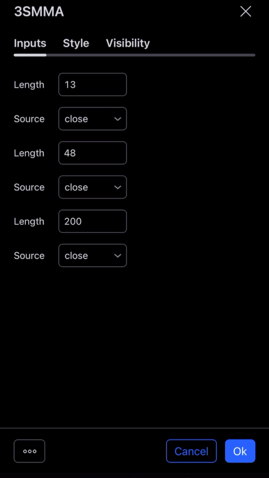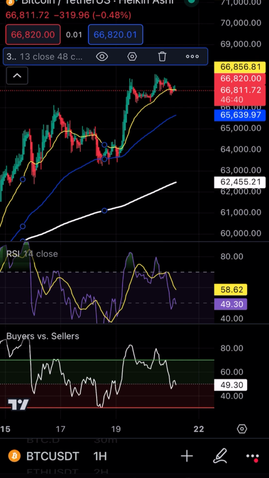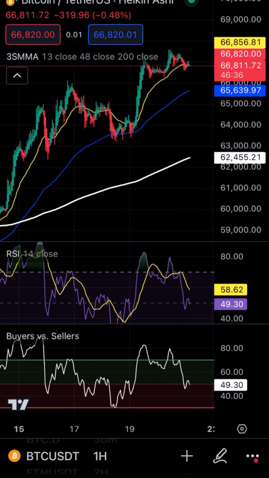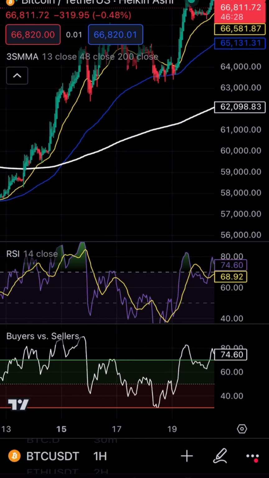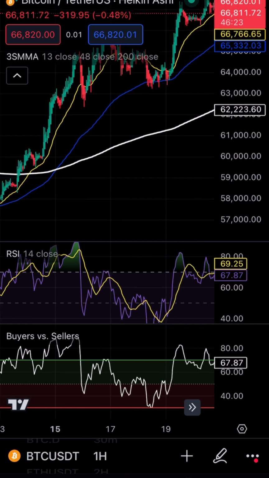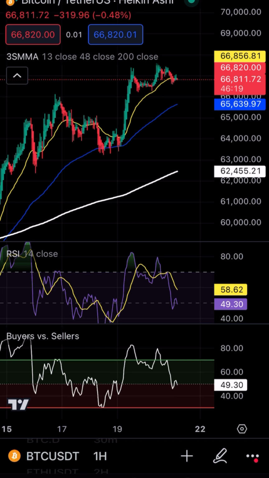So 200 is the white one, and the other two are the 1348. The 200 really shows you the overall direction, and the 1348 is where you need to be looking for crosses. For your trades, you want to make sure the 1348 is crossing, and the 200 gives you the overall direction.